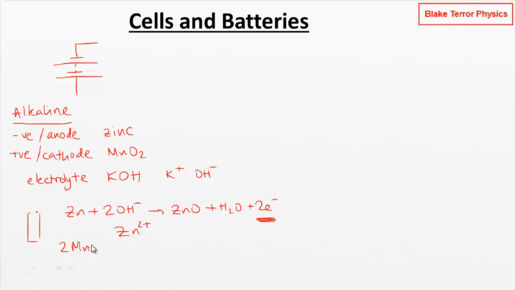We've got 2MnO2 plus 2H2O plus 2 electrons, and then you get this reduction reaction going on. I wouldn't worry about this too much if you're not a chemist. But these electrons are coming off of the cathode, leaving it positive, and these electrons are staying on the anode, making it negative. This is how we're getting our potential difference between the two plates.